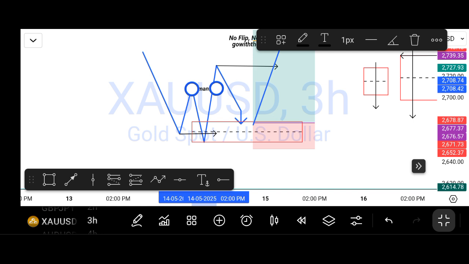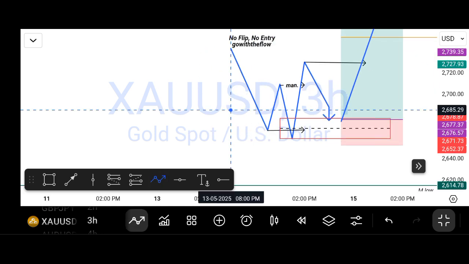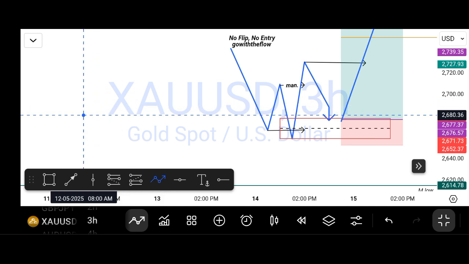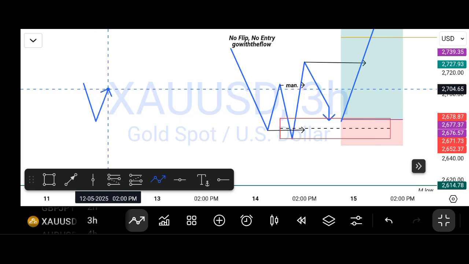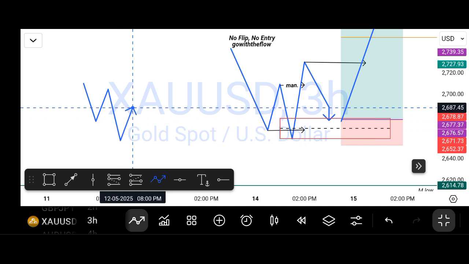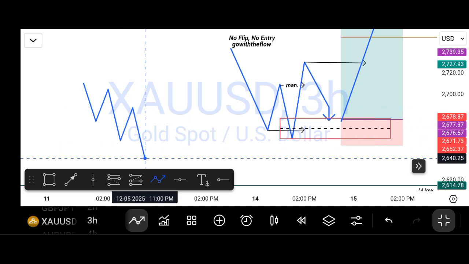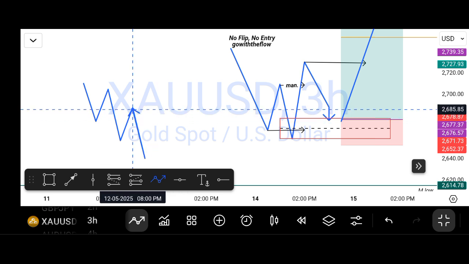Manipulation simply is, remember I told you guys that when price is breaking lower high, lower low, lower high, lower low, lower high. Now price is not supposed to take out this high, right?